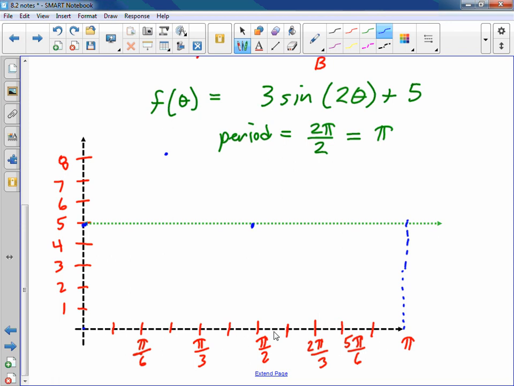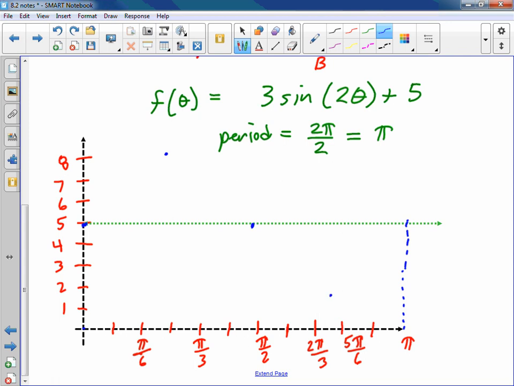And then between pi over 2 and pi, right in the middle there, I've got to hit the minimum, which is 2, because my amplitude is 3.